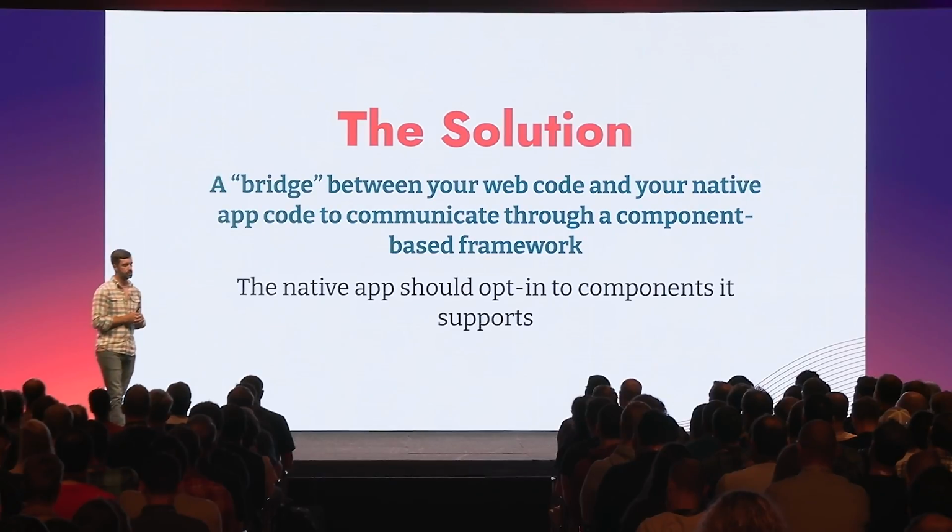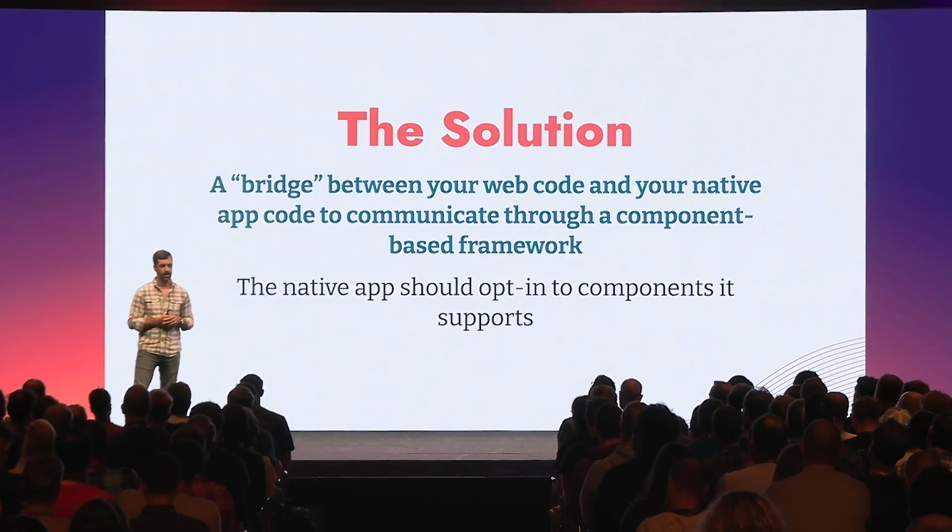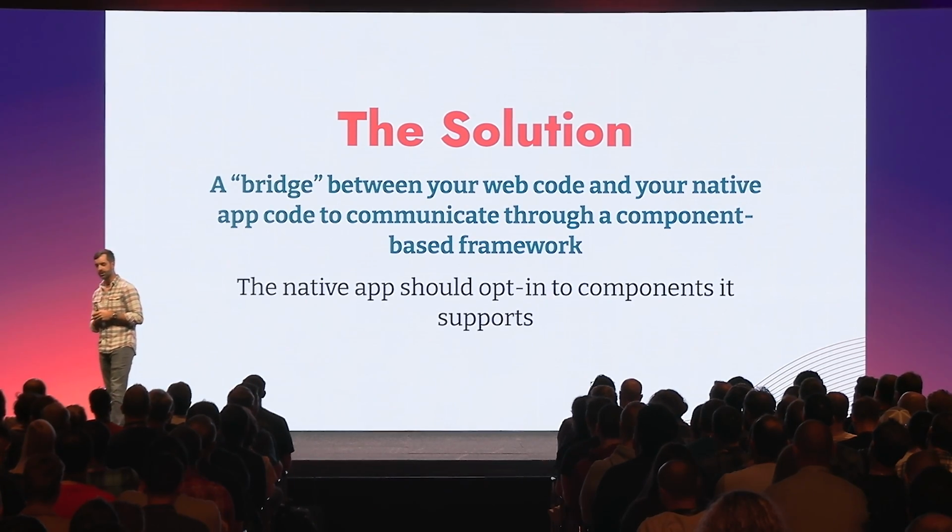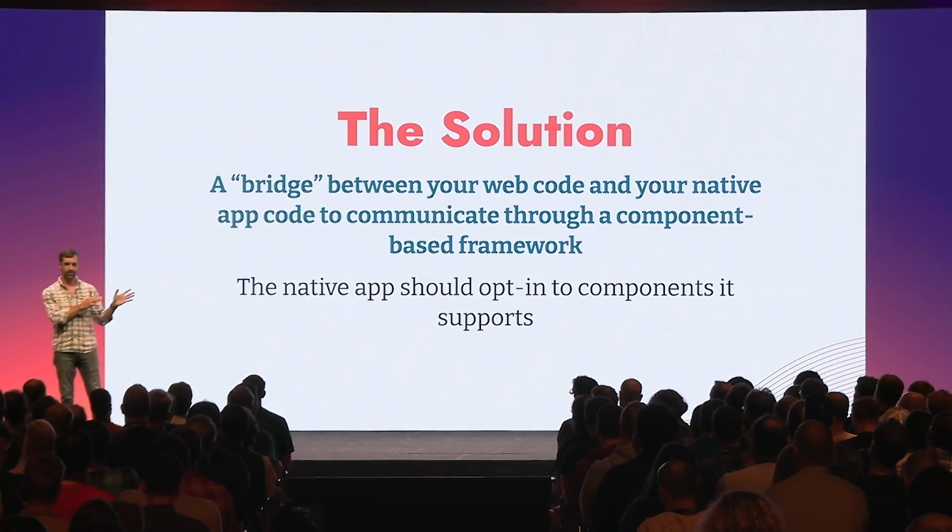During that time, how do you transition from old clients to new clients? And so Strada uses an opt-in component system where the behaviors change based on whether the native apps support certain components that the web app already knows about.